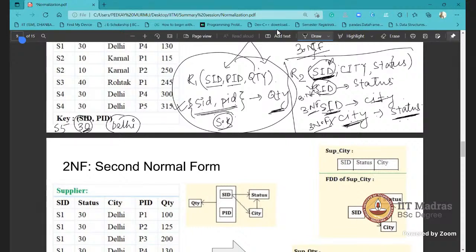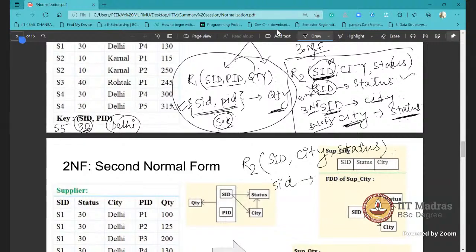So let's take this particular example. R2: SID, city, status. This is fine, only you have to decompose.